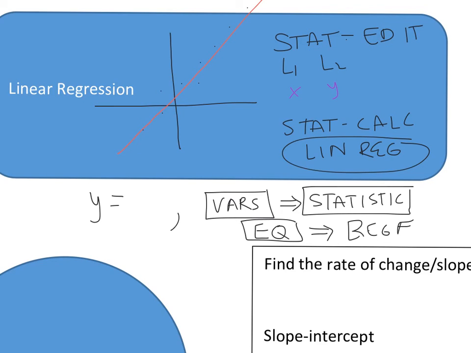This will store it into your y equals when you have so many different variables. So this should say regression equation. And the video of that too is on the website.